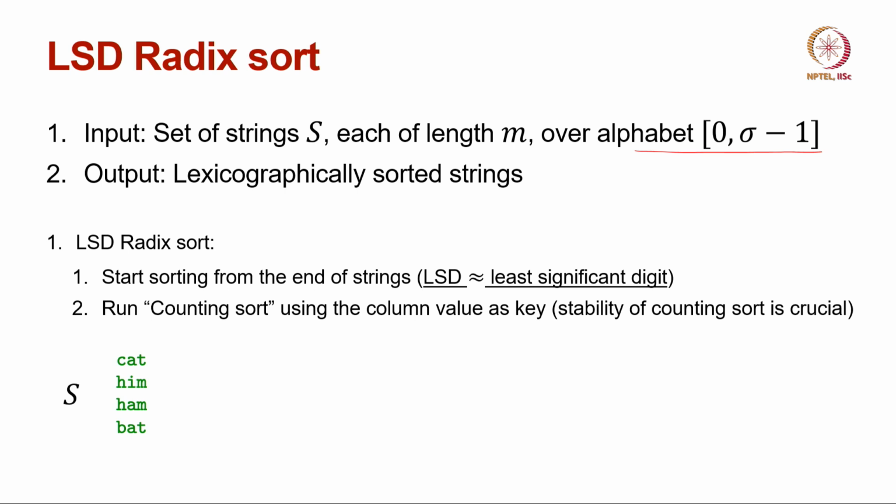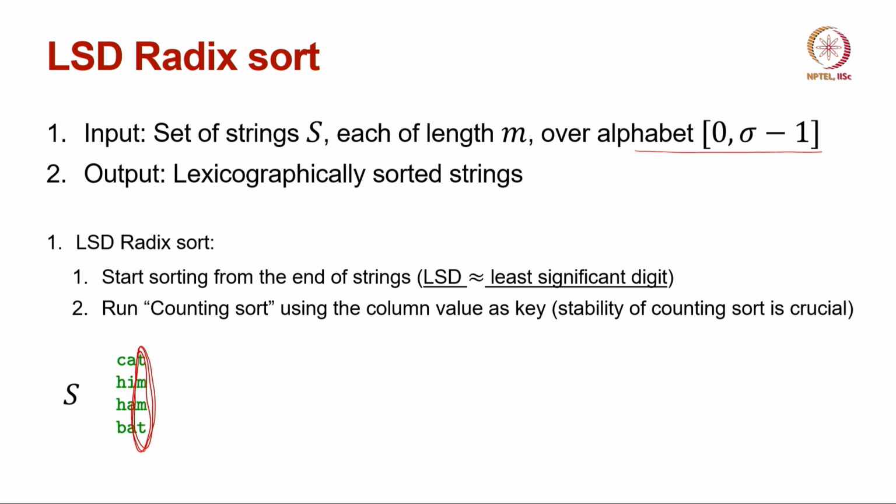We are going to discuss the least significant digit version of the radix sort. That means we are going to start looking at these strings from the least significant digit onwards, and we are going to run a counting sort algorithm based on the values observed in the last column.